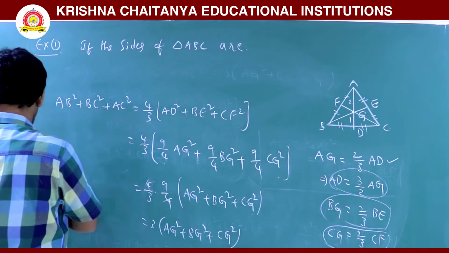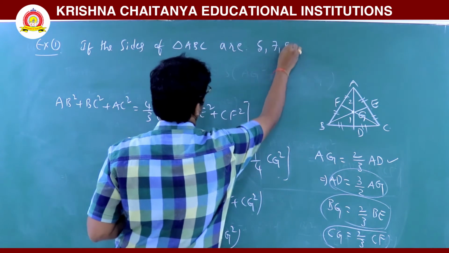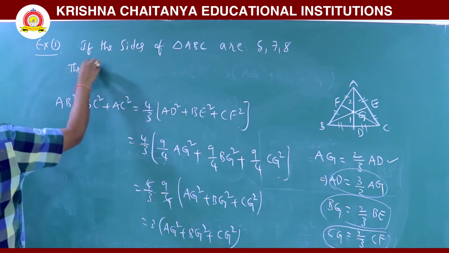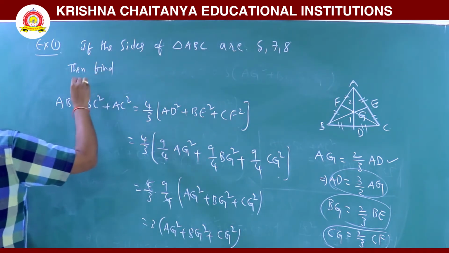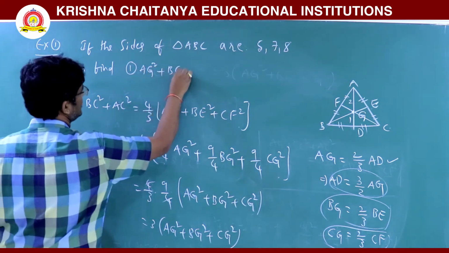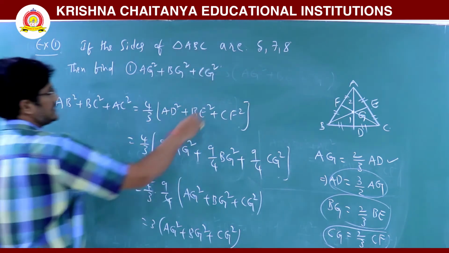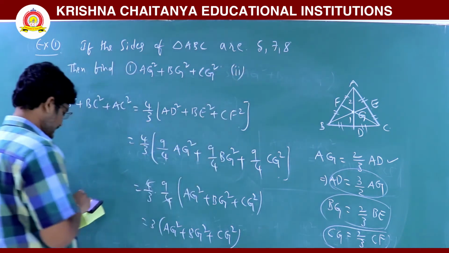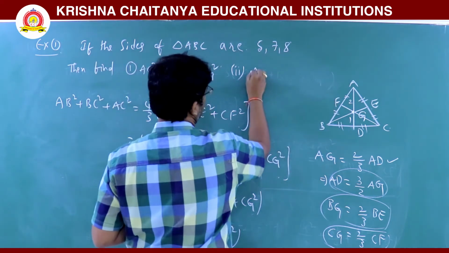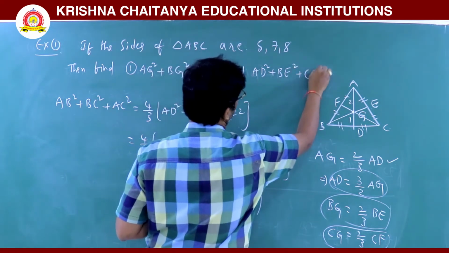If the sides of triangle ABC are 5, 7, 8, then find, first question, what is AG square plus BG square plus CG square? G is centroid of triangle ABC. The second question is, what is AD square plus BE square plus CF square? So 2 questions are there.